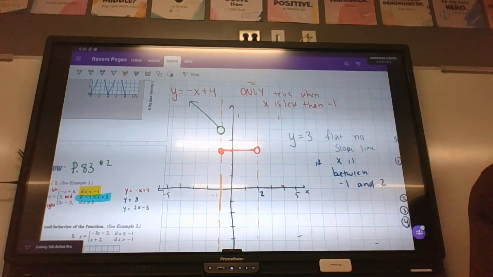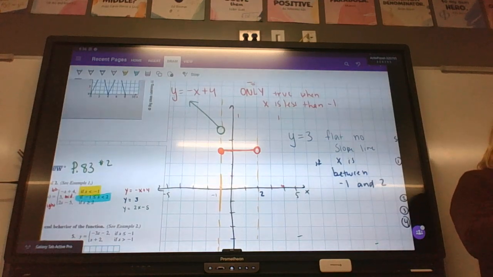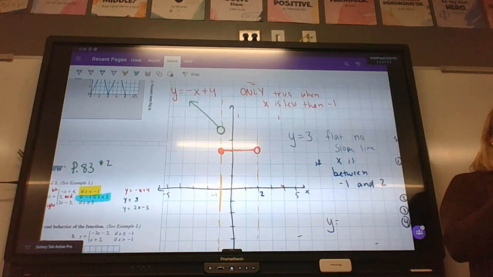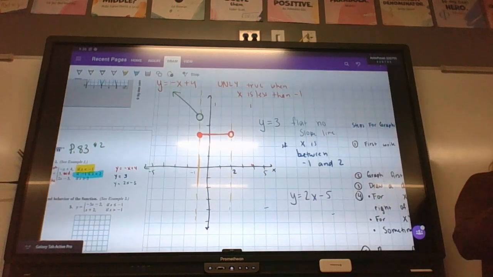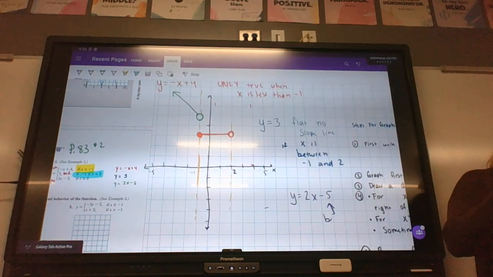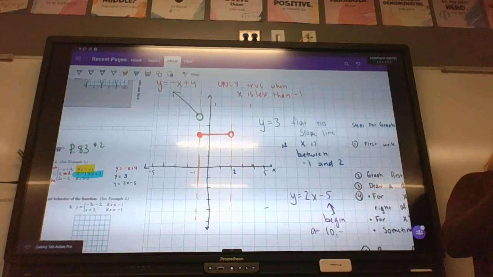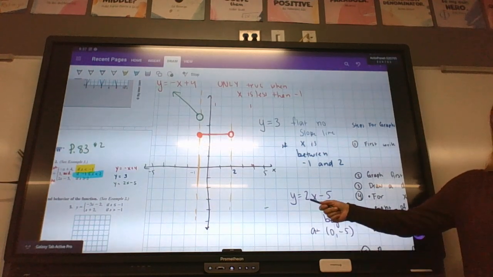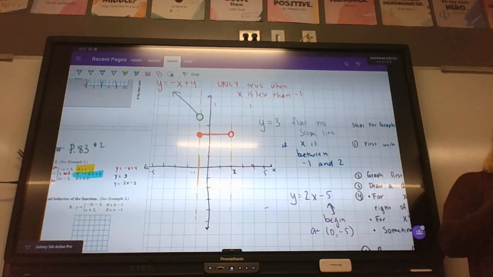And the last one, the last equation that we have to graph is y equals 2x minus 5. So that graph will begin at 0, -5, and then it will go up 2 over 1, up 2 over 1.